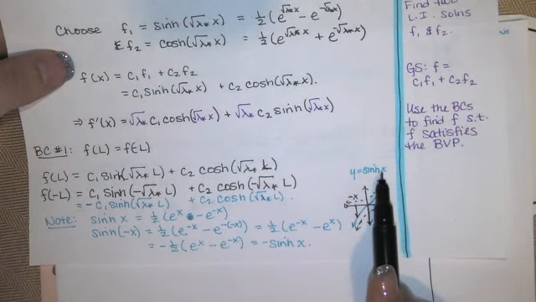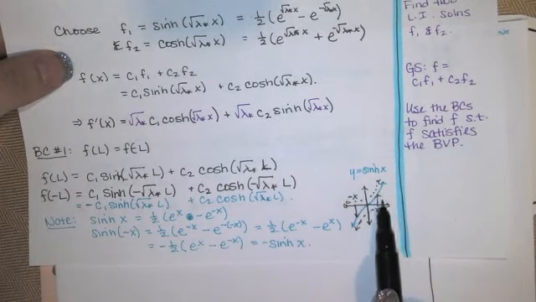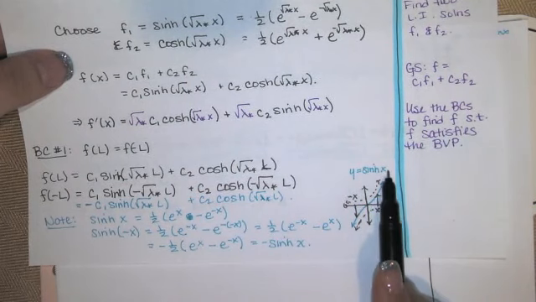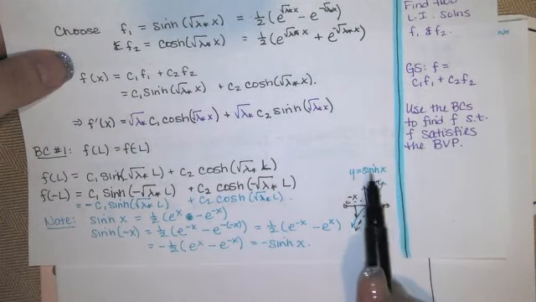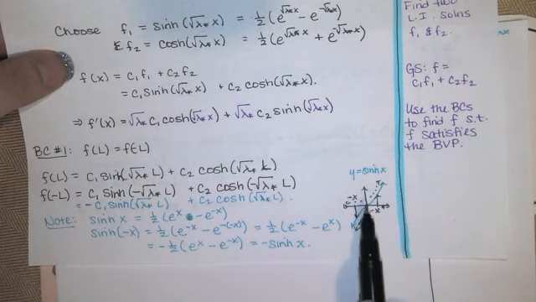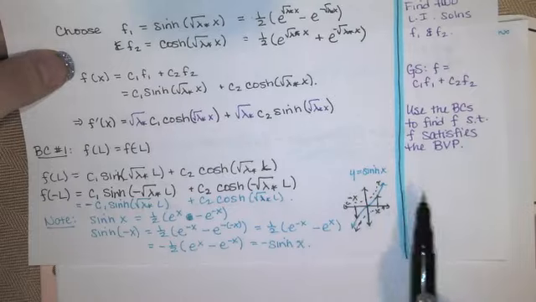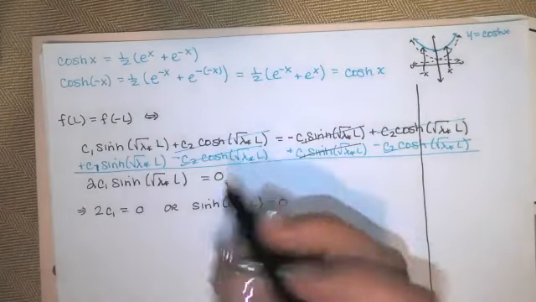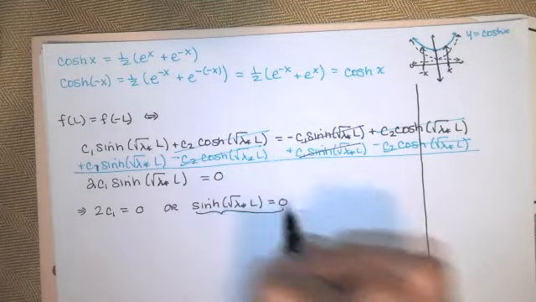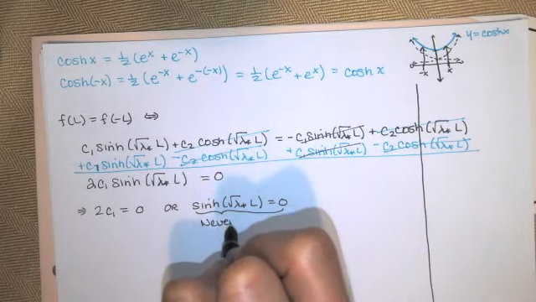If the number that we substitute into this hyperbolic sine function is positive, we're going to get a positive number. We're not going to get 0. The only way that hyperbolic sine of a number is 0 is when that number is 0. If x is 0, we get 0. Otherwise, we don't. So this never happens.